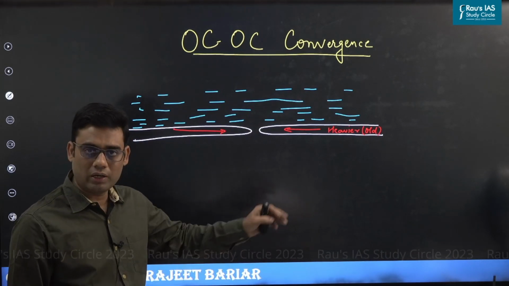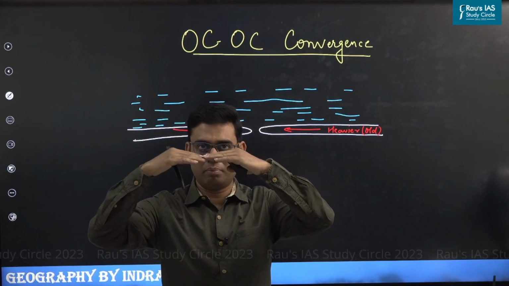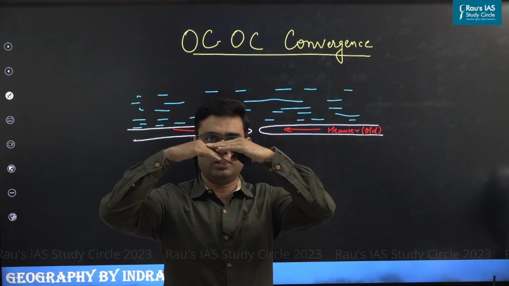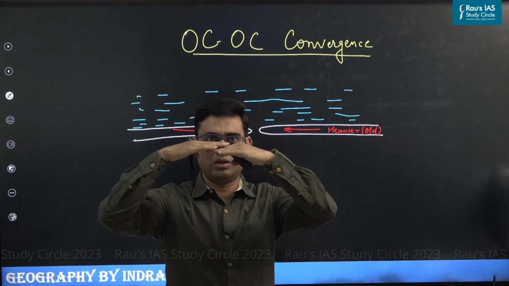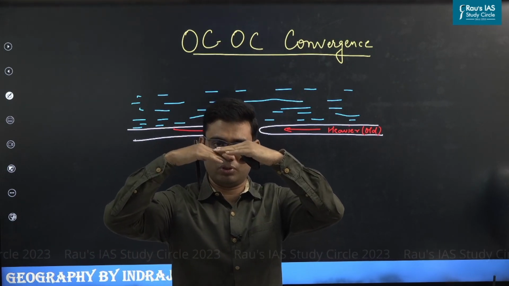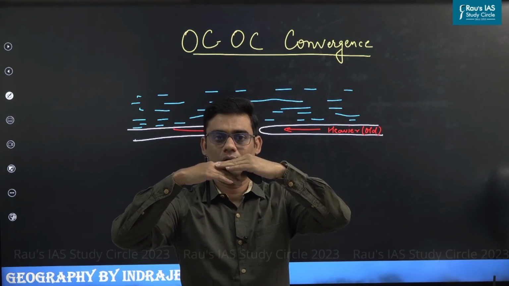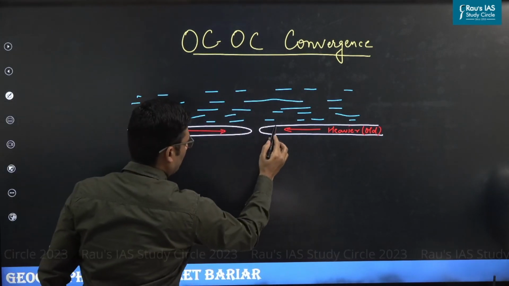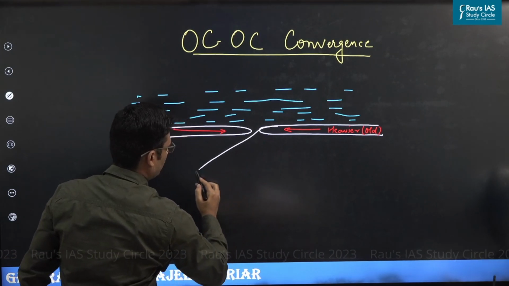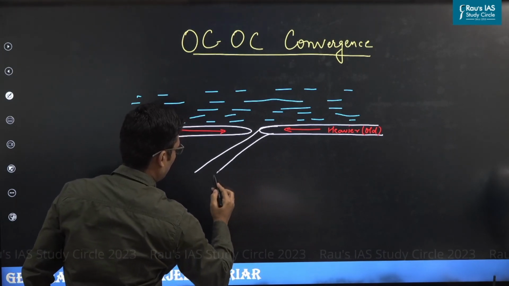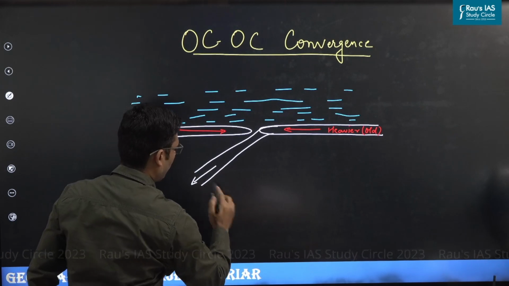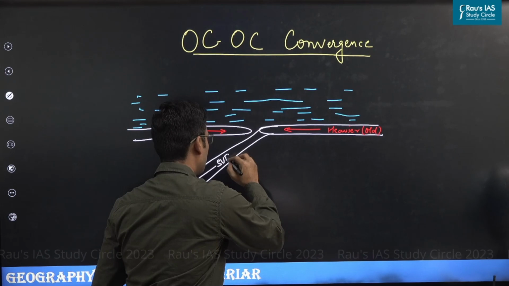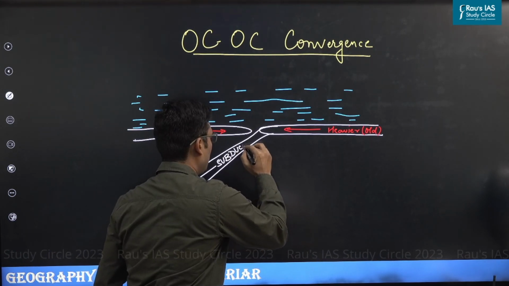When the convergence happens, whichever is the heavier one is forced down like this. This crust remains here, and this crust is forced down in this manner. In the diagram, I can show this crust forced down like this. This process is what we call subduction.